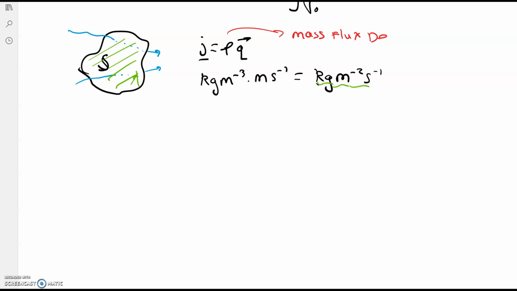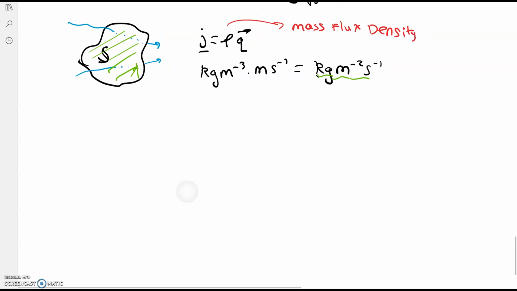We'll see more of this when we come to electromagnetism by flux. J is the mass flux density. Essentially, it's the amount of kilograms of fluid that is flowing through our area every second. So that's what J is. And J has an outward flow.